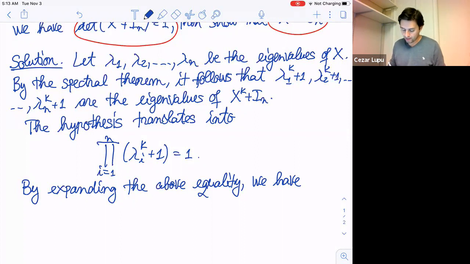We're going to have that x1 to the power k, plus x2 to the power k, plus xm to the power k, is 0.